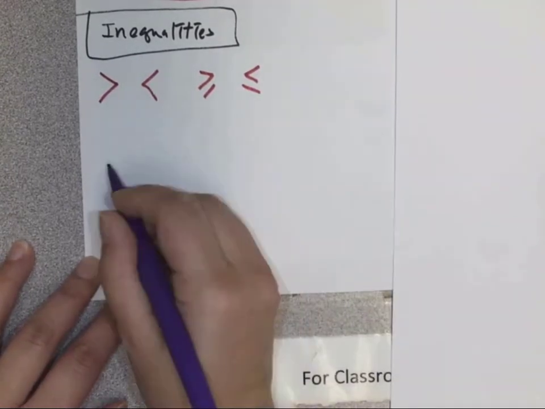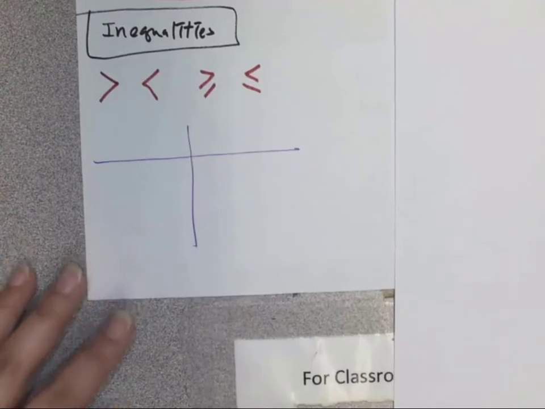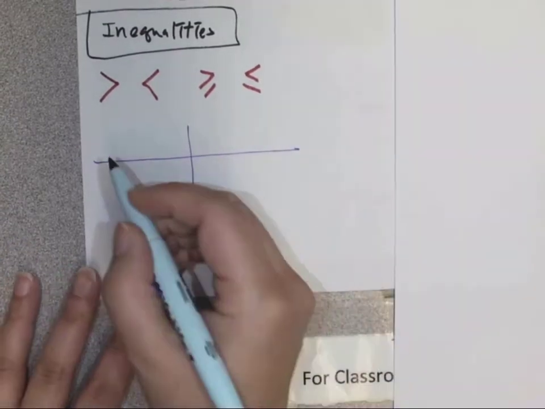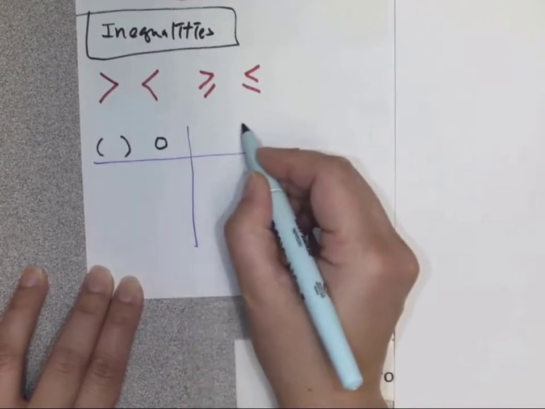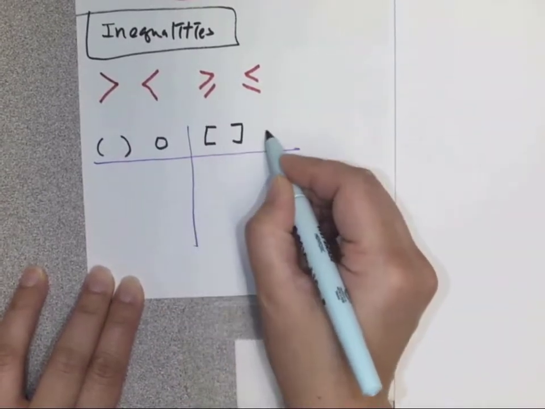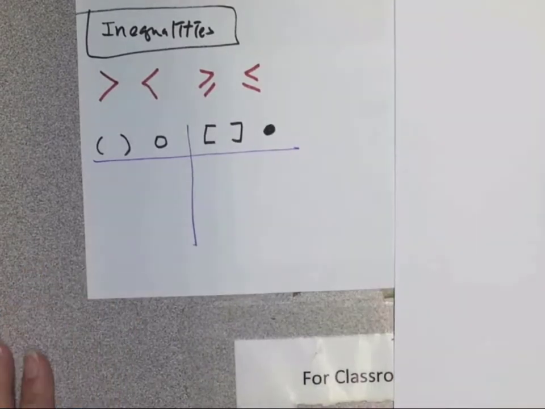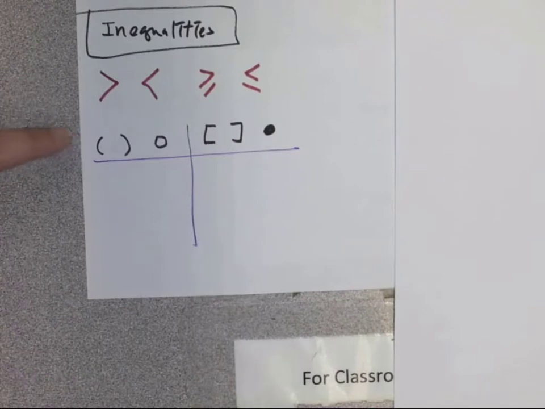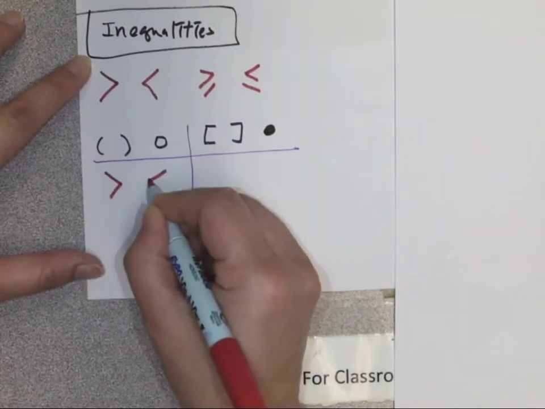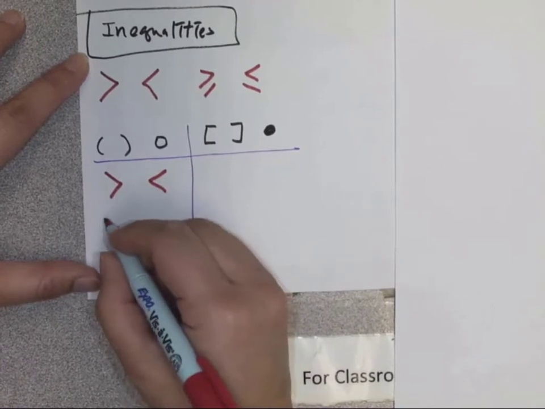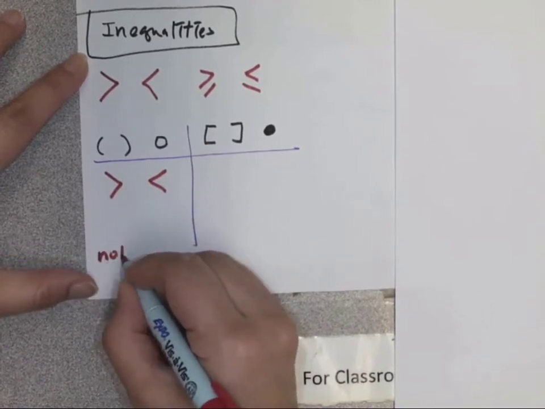So we want you to remember, when do we use parenthesis and open circle? When do we use brackets and closed circle? Which sign goes with the parenthesis? Do you remember? Is it the one without equal to? Okay, because this means not including the points.